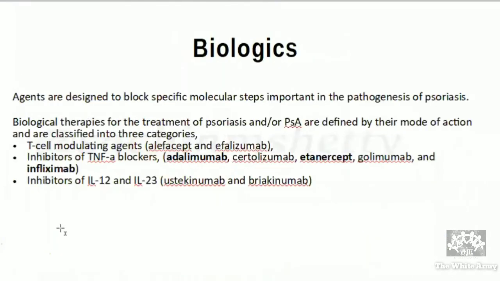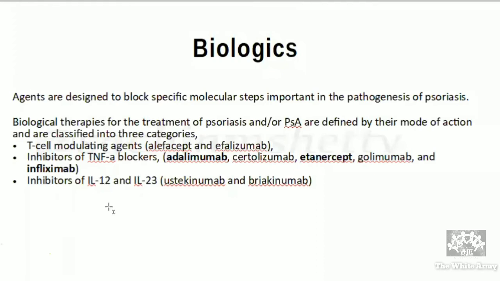Other than these, there are biologicals. These biologicals block the specific molecular steps. The specific inflammatory mediators are blocked, and they cause the resolution of the psoriatic plaques. There are many biologicals used in psoriatic disease in the armamentarium, but the most important are the TNF alpha blockers: adalimumab, etanercept, and infliximab.